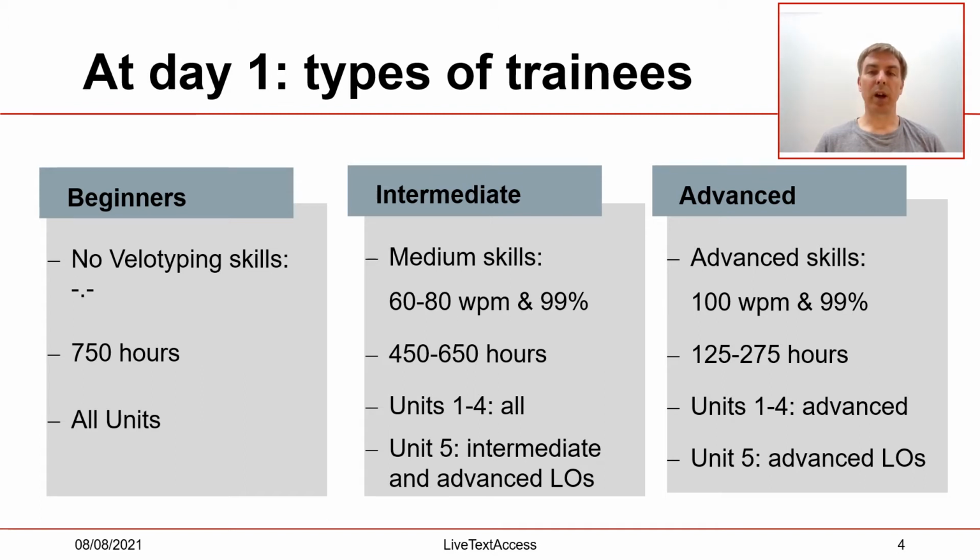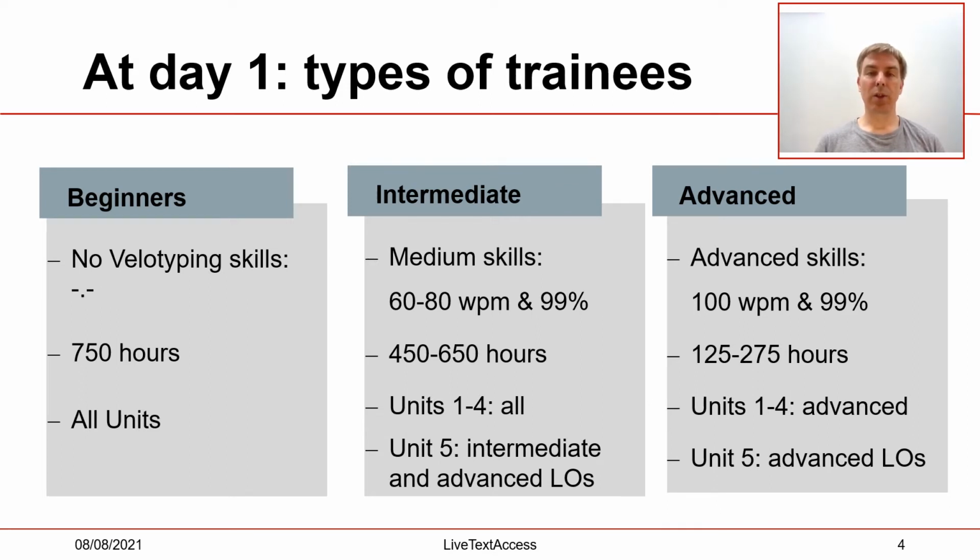You are advised to do the self-assessment test and see which learning outcomes or LOs you should achieve related to the general units from 1 to 4. Concerning the Velotyping unit, go for the intermediate and advanced learning outcomes. If you don't have Velotyping skills, but a lot of the general skills, you should go for all learning outcomes in the Velotyping unit, unit number 6.